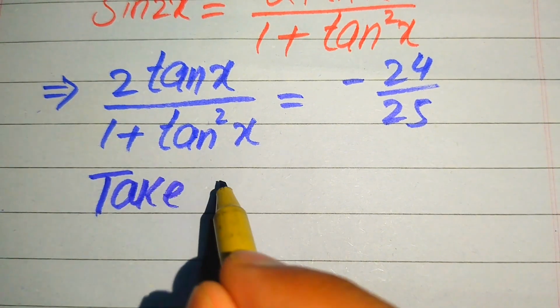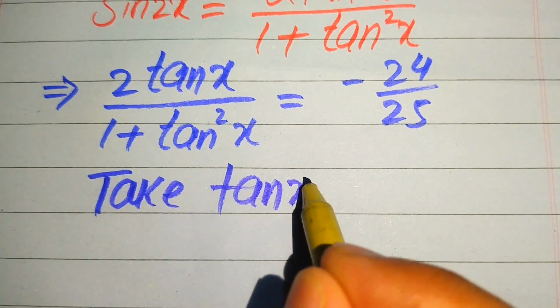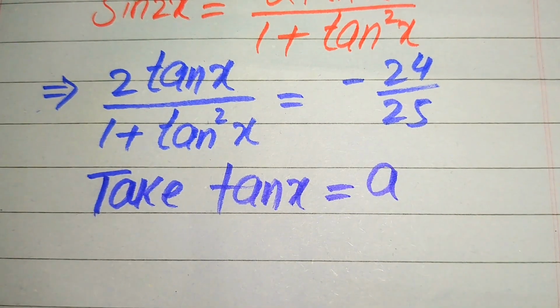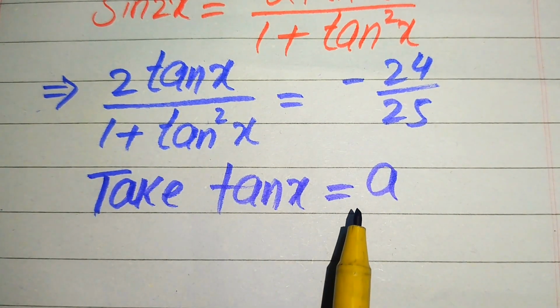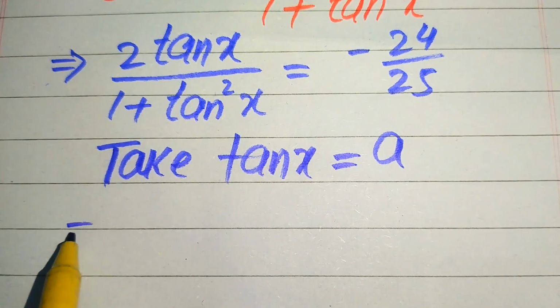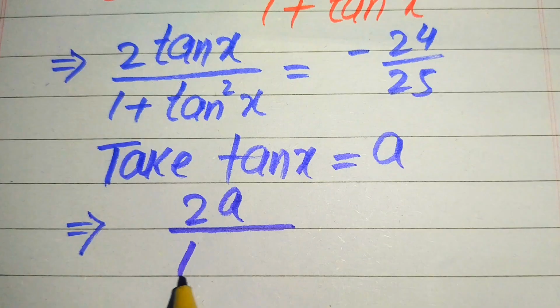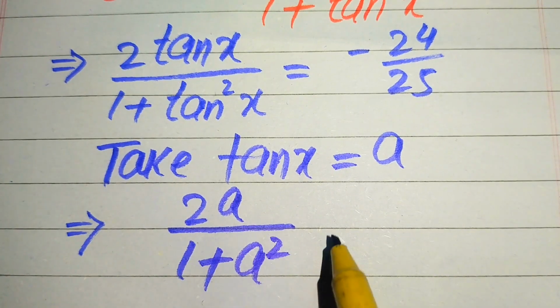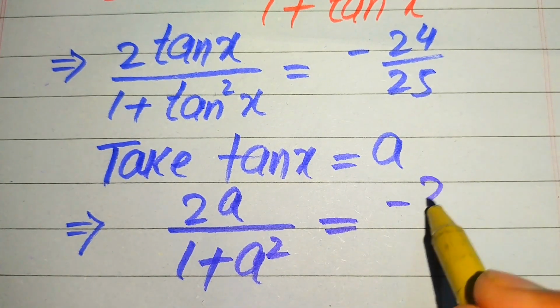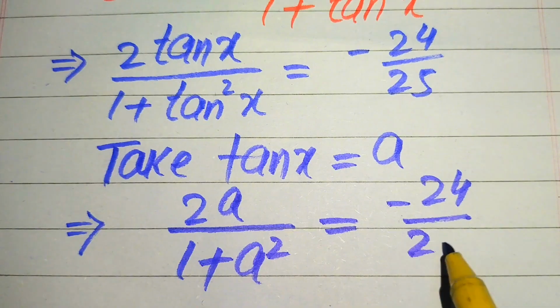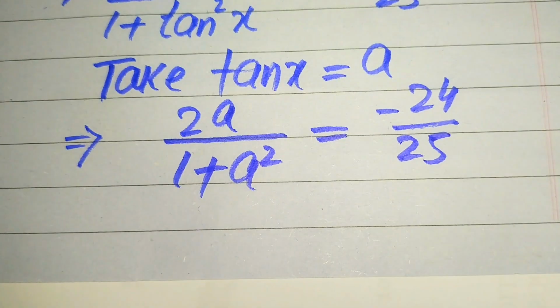We take tan x is equal to a. When we put tan x equal to a, our above equation is written as 2a divided by 1 plus a square is equal to minus 24 divided by 25.